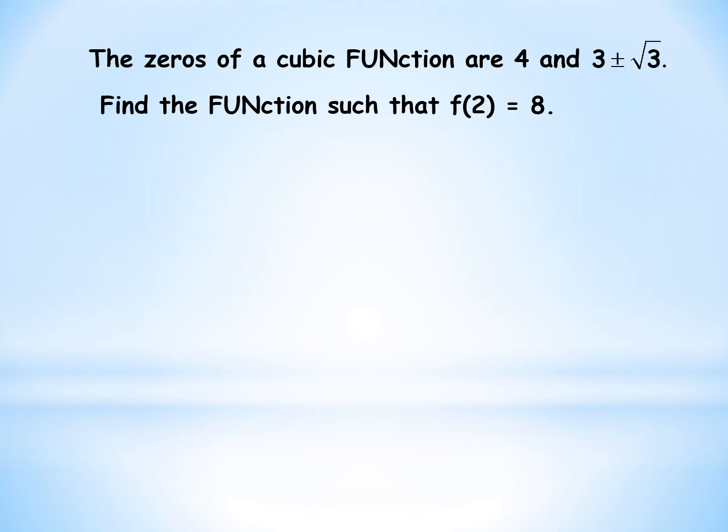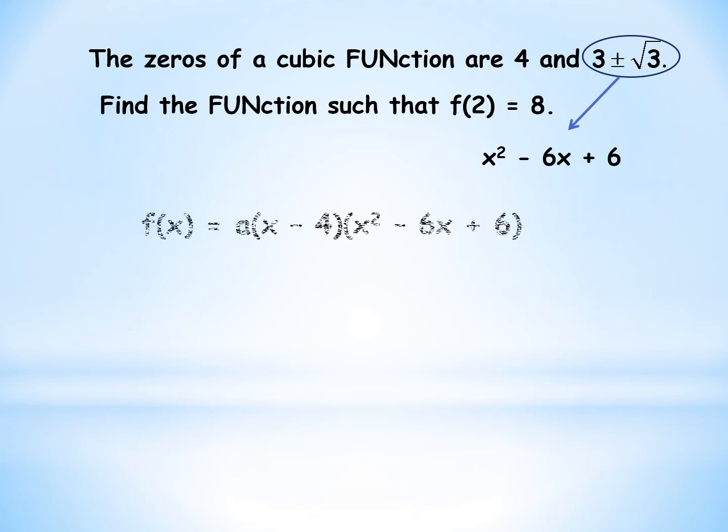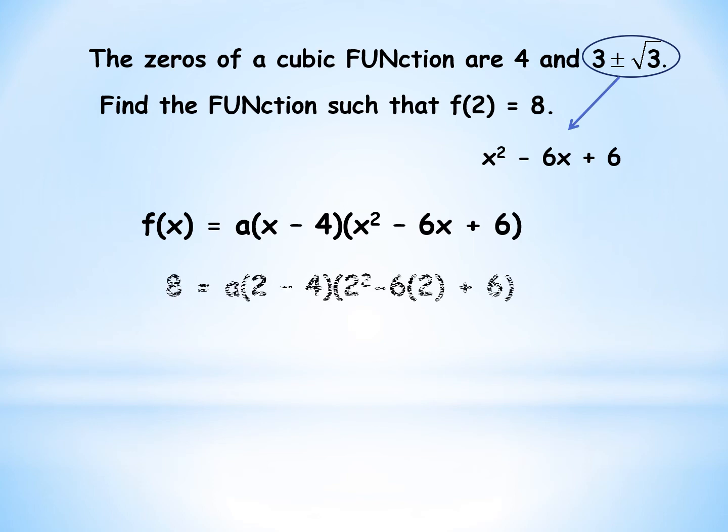Then you're going to simplify those until you have your equation. You know that 3 plus or minus the square root of 3 will end up being x squared minus 6x plus 6. So then here is going to be your whole function. Remember, you have to put the a in there now. Then you're going to use this point (2, 8) by plugging in 2 for x and 8 for y, and then solving for your a value.